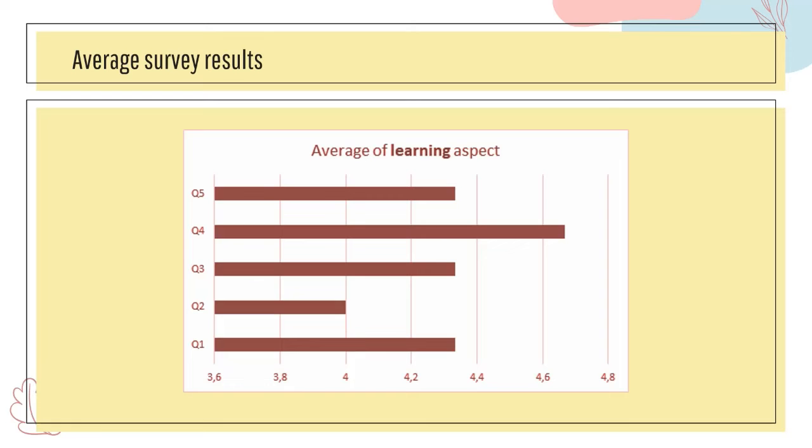We can see in question 1, I got around 4.3 points, and in question 2, I got 4. In question 3, I got 4.3 again, and in question 4, it showed 4.67, and for the last, question 5, I got 4.3 again.